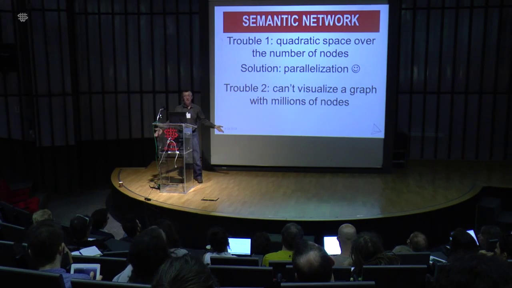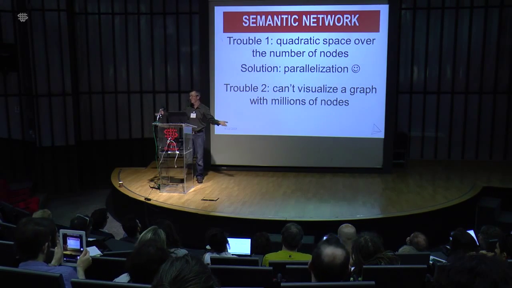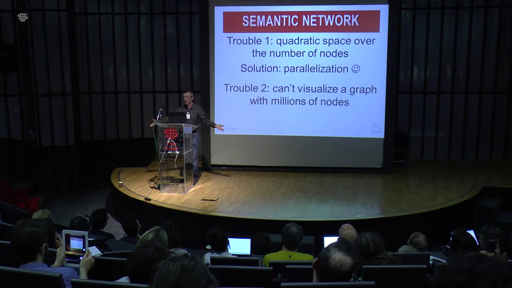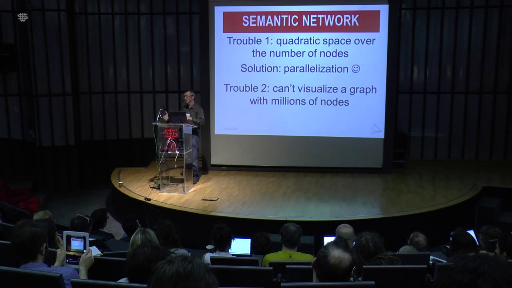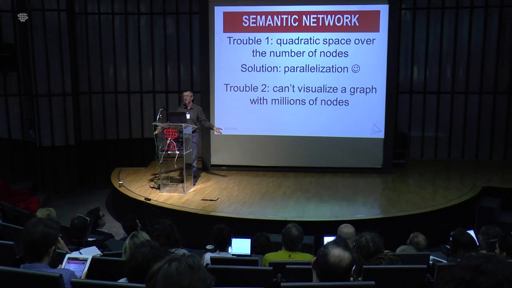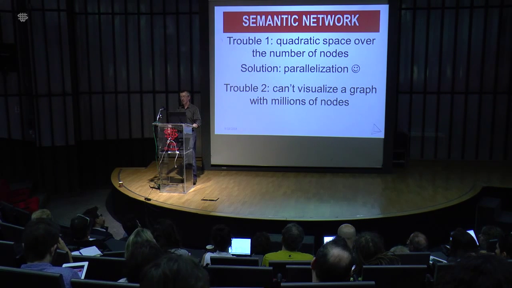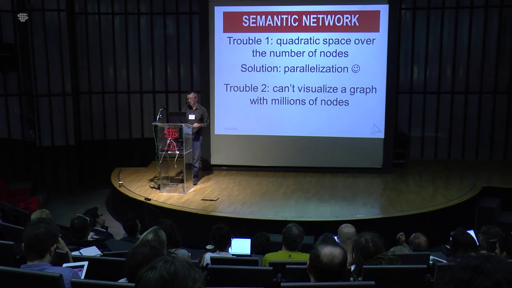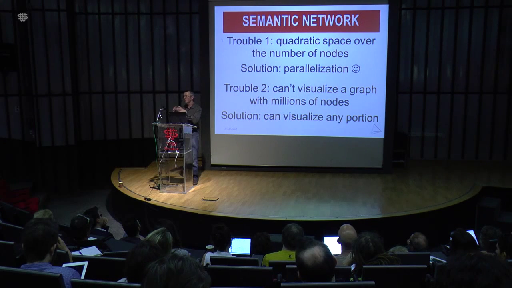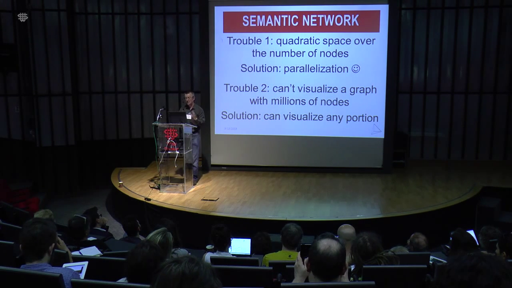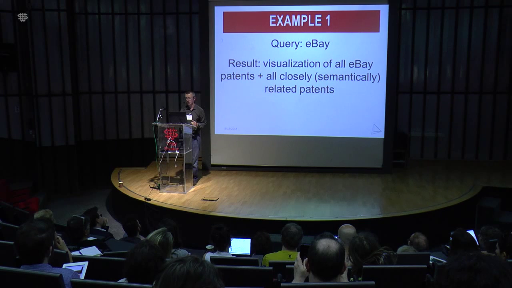Another trouble. Okay, so we have the graph, but we cannot visualize it. It's just too big. 7 million data points just won't fit your screen. It won't look good, right? So we ended up pretty much where we are, but with probably one thing: you can visualize portions of it. And this is actually very, very powerful.